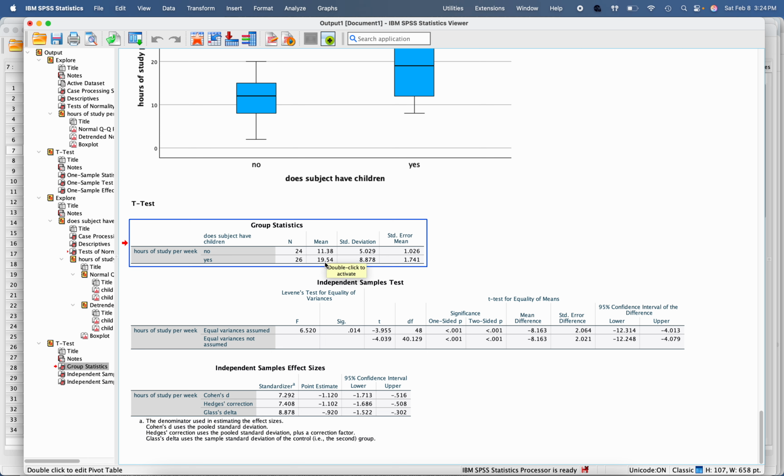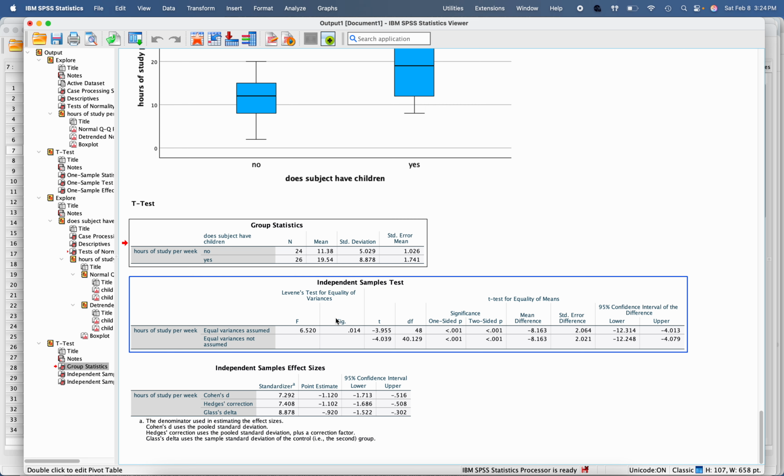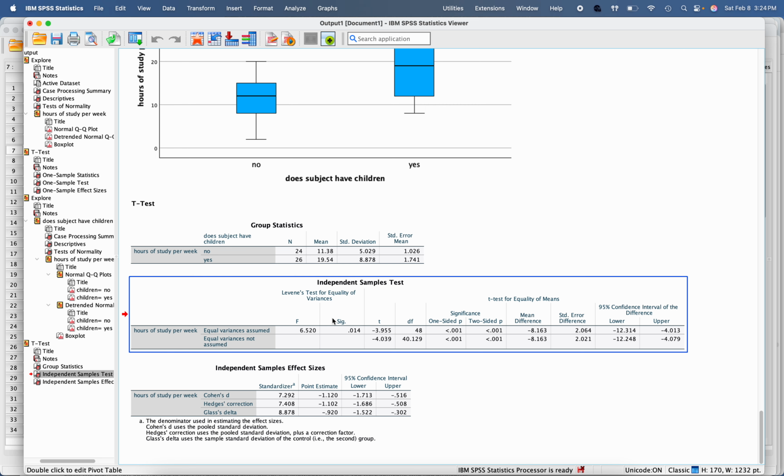For those that do have children, they study 19.5 hours. That's a lot different in time. But I don't know if that's significant until I come down here and look at Levene's.